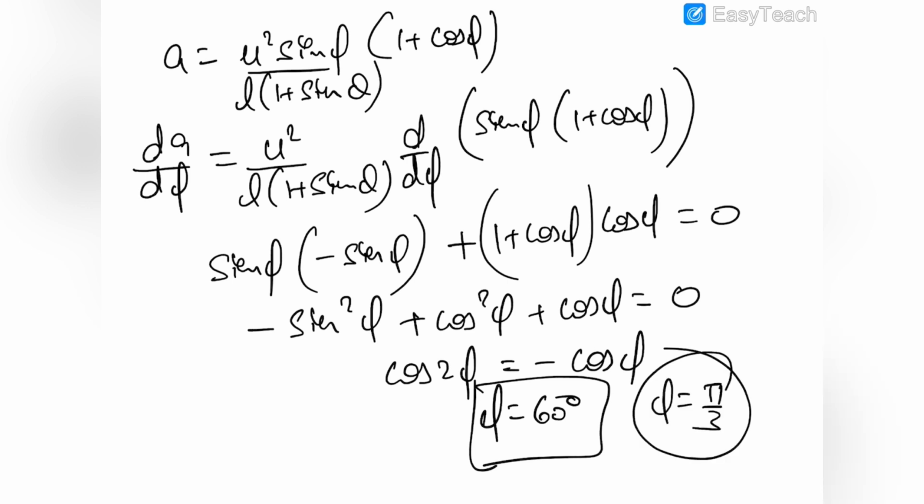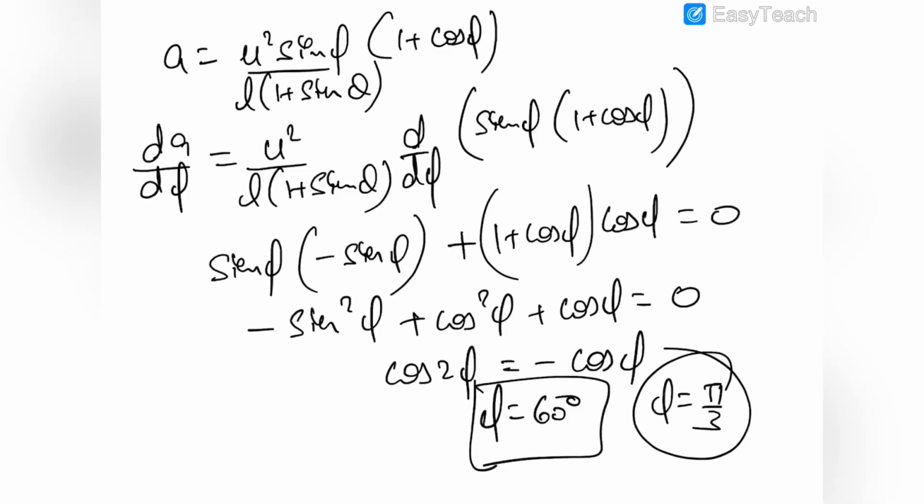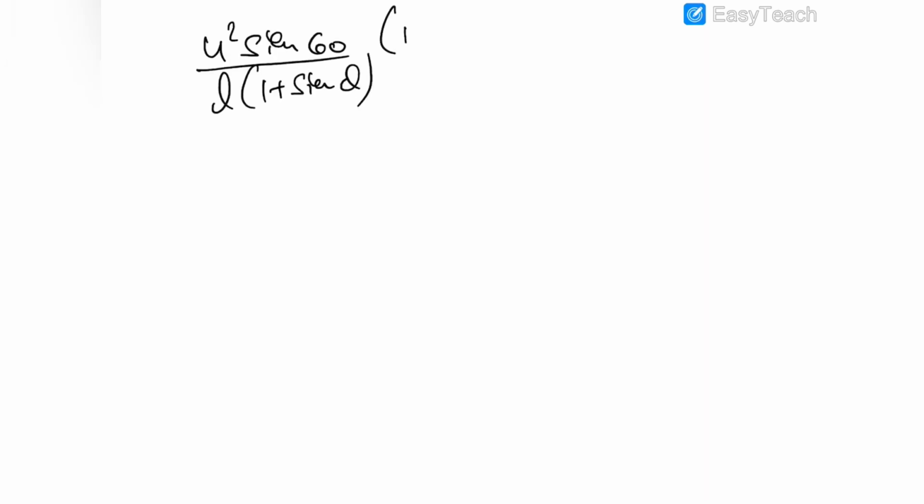So let us put this value into the acceleration. a is equal to u square sine 60 divided by L(1 plus sine theta) divided by (1 plus cos 60).